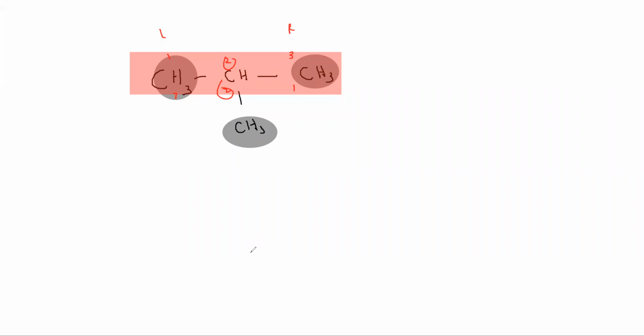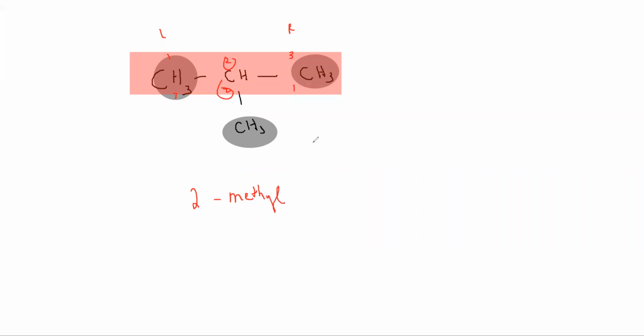We'll write 2. How many carbon atoms are there in the branch? There's only one carbon atom in the branch, so we call it meth. And because it is a branch, we will call it YL.